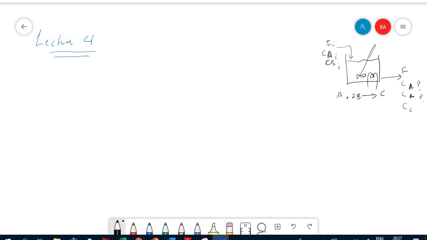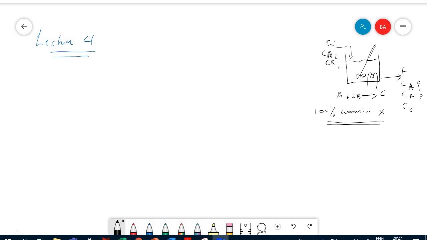Because it's never that we have a totally full reaction with 100% conversion. That is impossible, it never happens. So definitely there's some A and B that is not converted to C, and this is why they appear in the output.